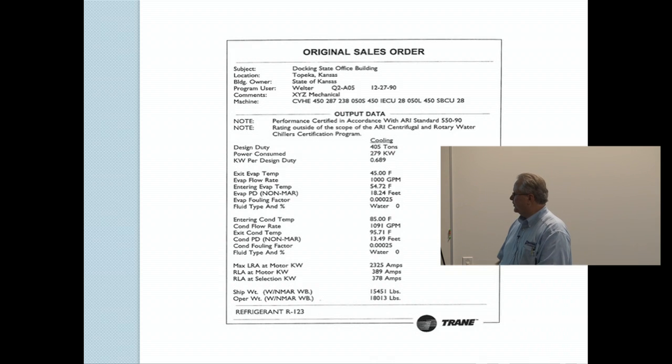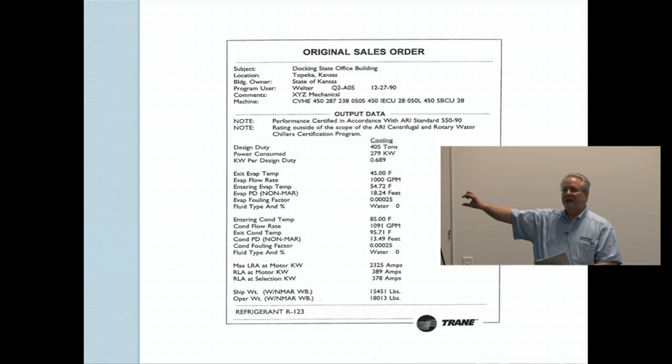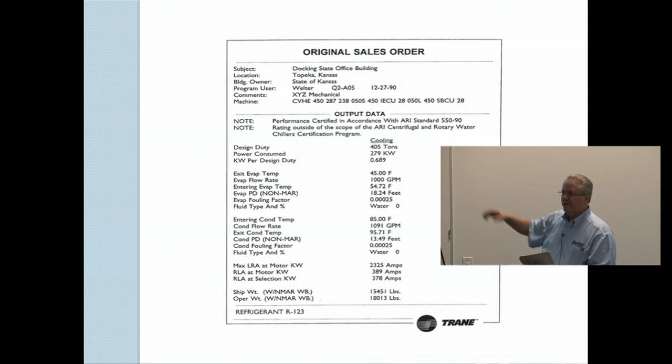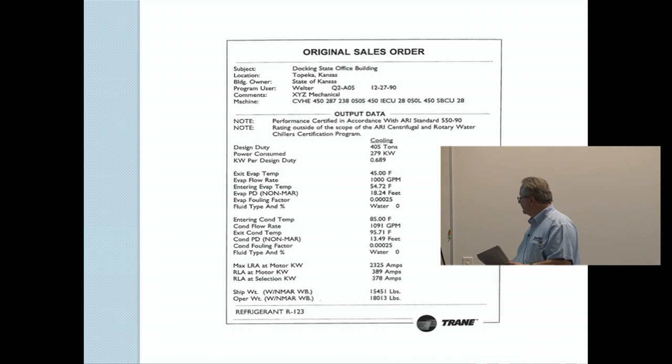It gives you your rated load amps at selection kW, which is the key thing you want to write down in your design: 378 amps when you're 100% loaded is what you should expect in that application. So you put that at the bottom of that log sheet so you can always compare it to what you're actually logging.